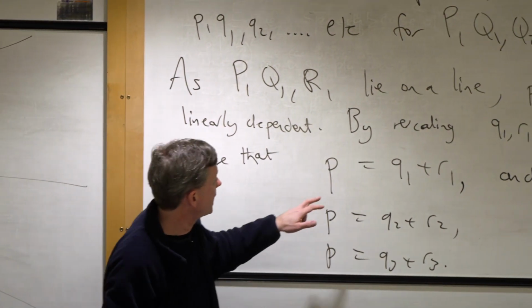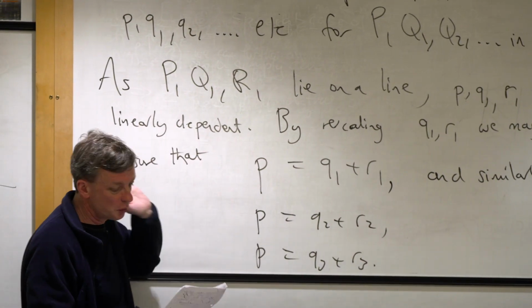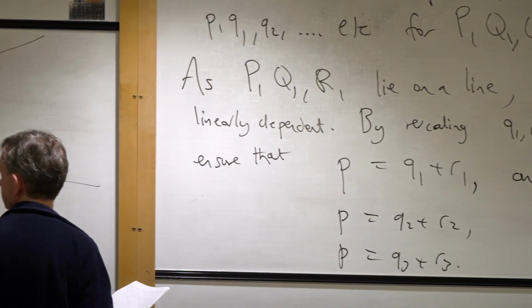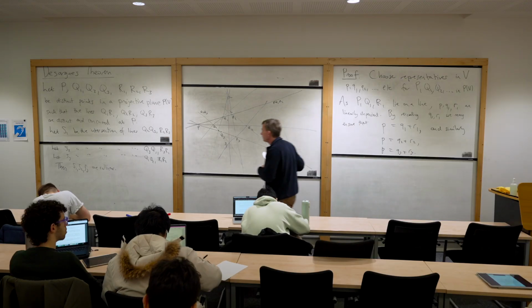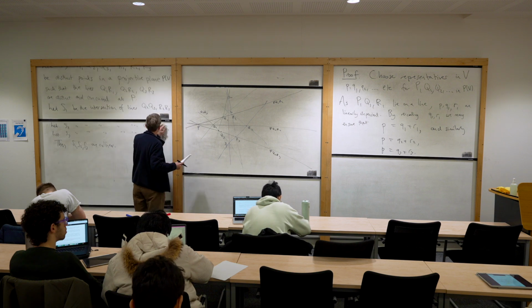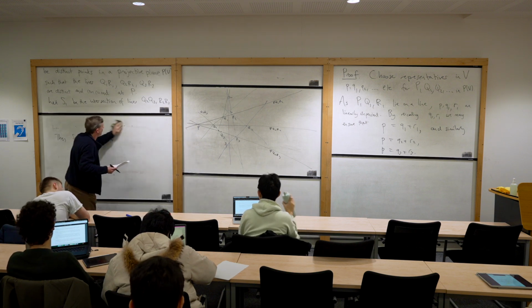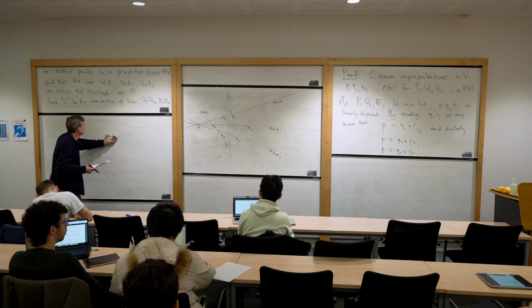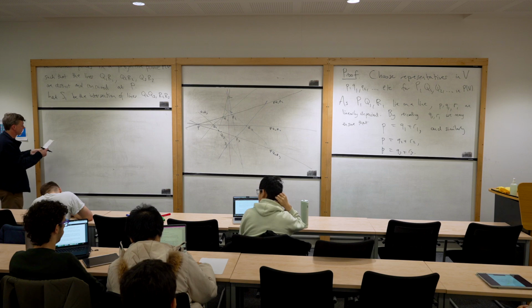There are then unique rescalings of the q's and the r's to make these three equations true all at once. So the magic of this proof is we're using the freedom to choose representatives of the points up to scale in the overlying vector space to make equations hold in that vector space.